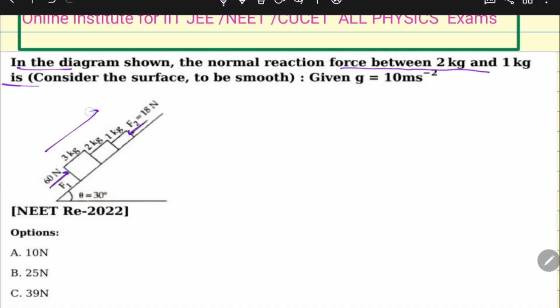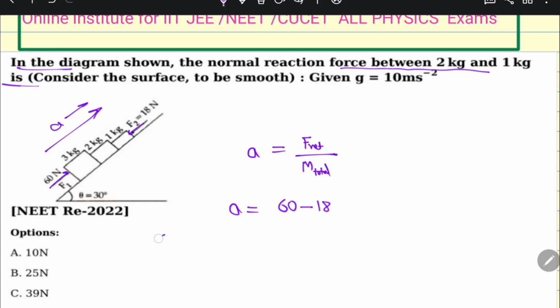So the net force is more in this direction, so the net acceleration is in this direction, and both blocks touch each other, so they have a common acceleration, which is F net divided by M total. So here acceleration is equal to F total. Here you see 60 Newton is in the upward direction, 80 Newton is in the downward direction, so that one is negative.